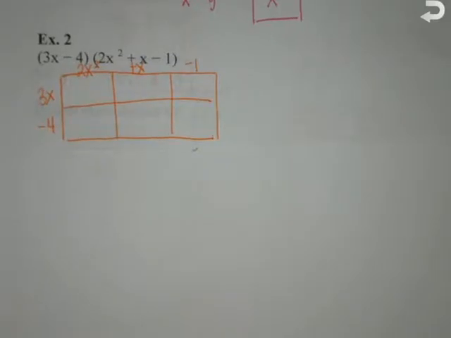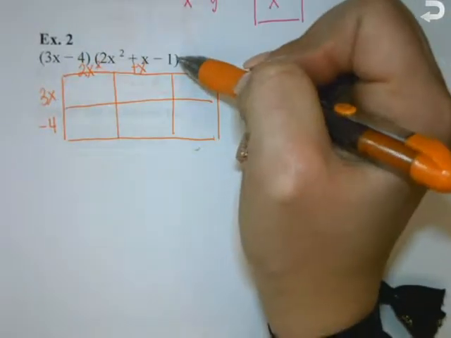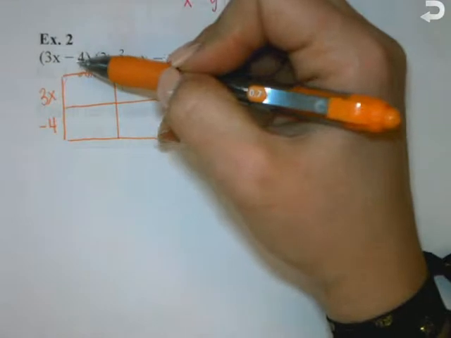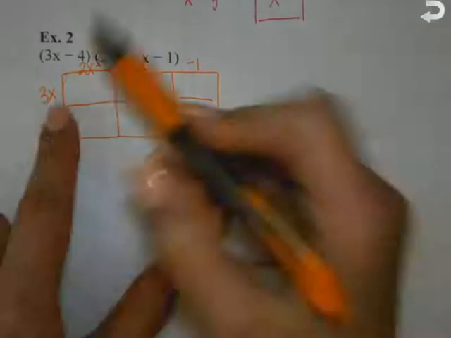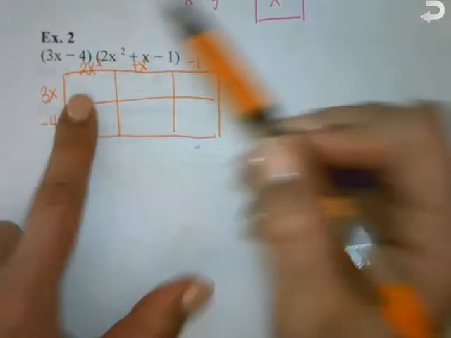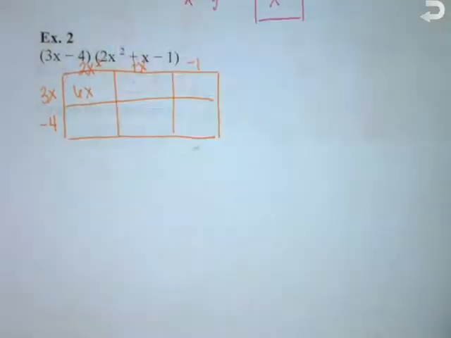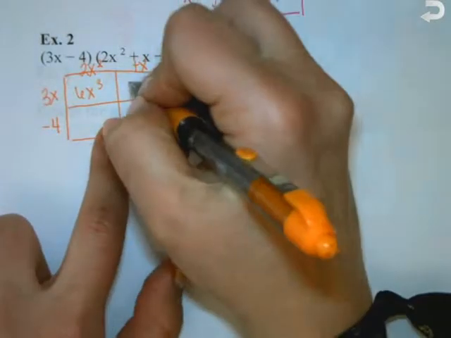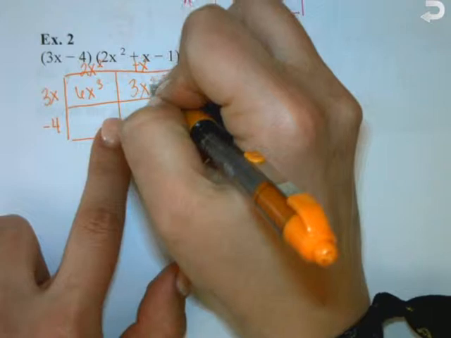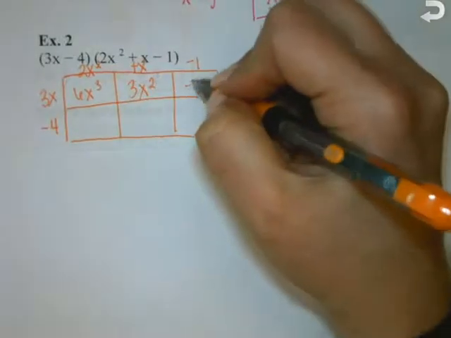If you are doing FOIL, you take 3x and you multiply every single term by 3x, and then you take negative 4 and multiply every single term by negative 4. You will get the exact same answer. So here we go. 3x times 2x squared, guys, what does that give you? 6x to the third. 3x times x gives me 3x squared, and 3x times negative 1. Negative 3x.